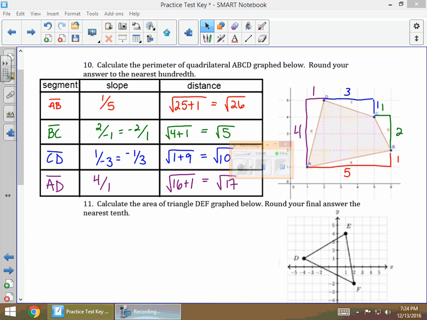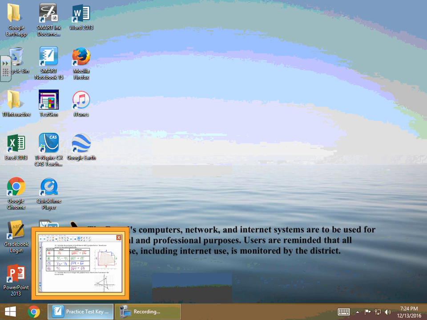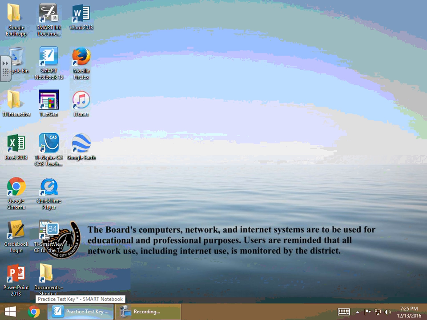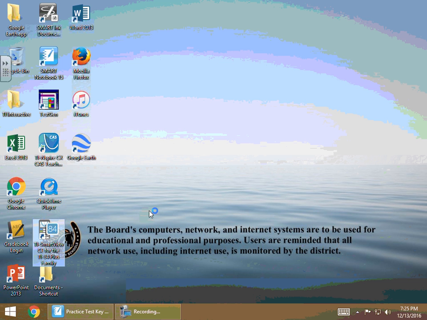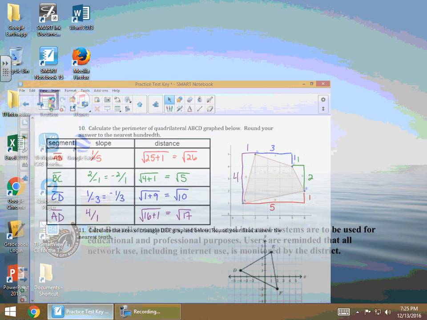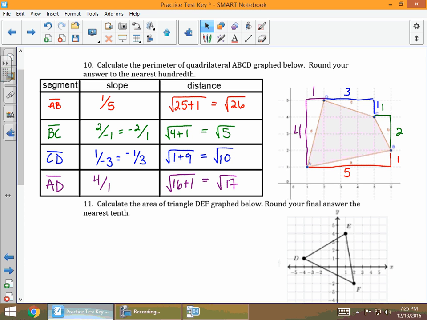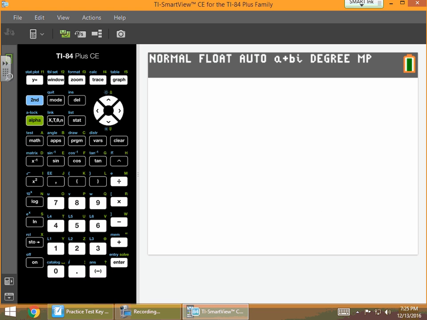So let me jump down here and grab my calculator. Once the calculator pops up, I'm going to make sure that you're okay on how this types into the calculator.